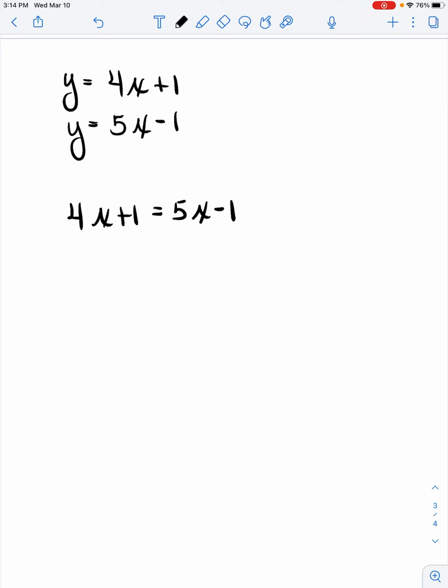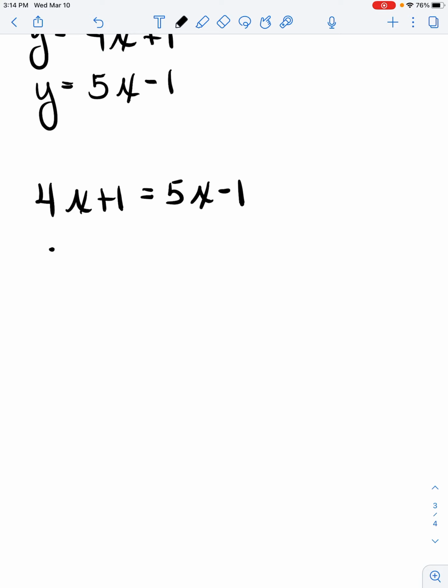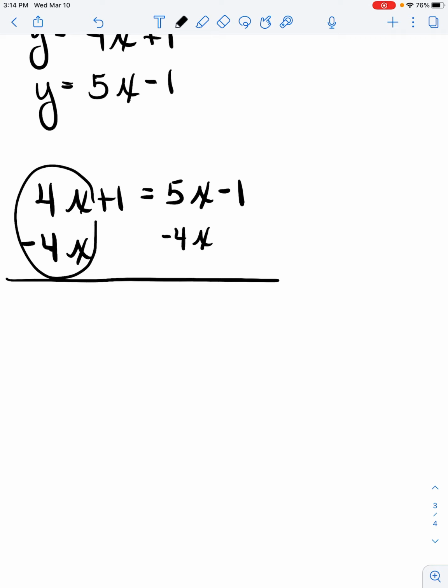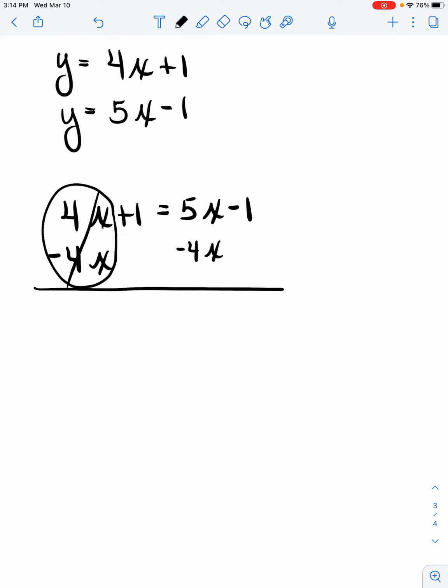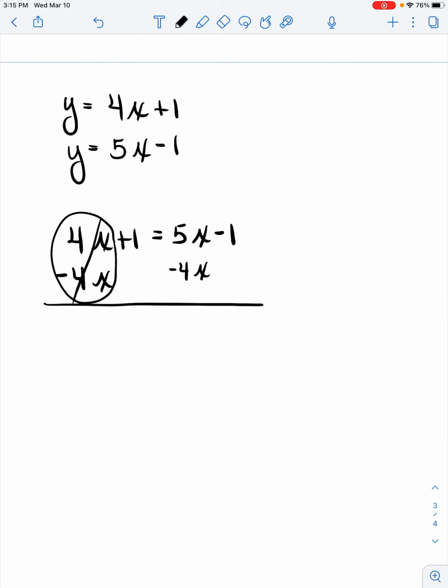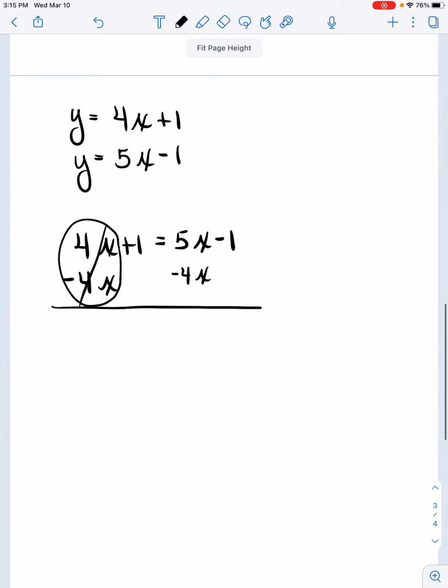All right, now let's collect our variables. I want a positive variable, so I'm going to subtract 4x from this side, so I have to subtract 4x from here. This is going to cancel out, and that's going to leave me with 1.